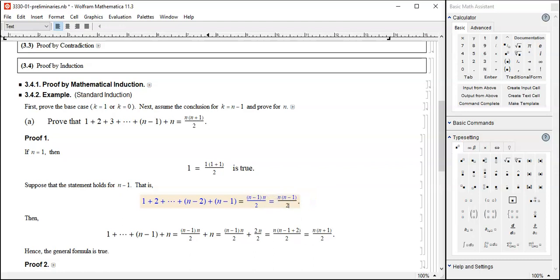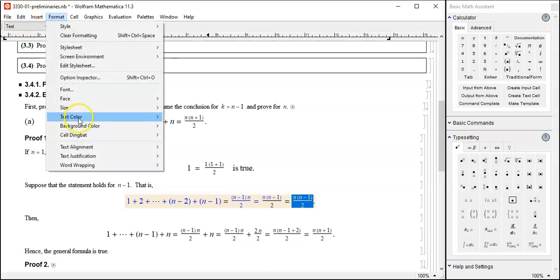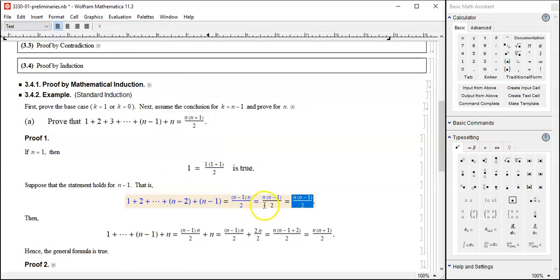So we get n-1 times n over 2. Okay, all right. So from the inductive hypothesis, let's suppose this is true for n minus 1.